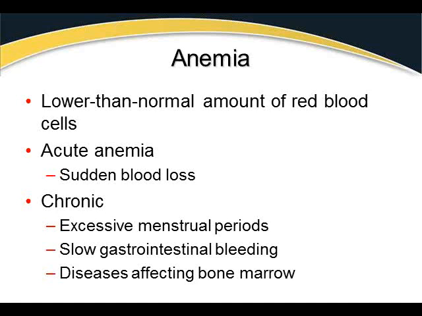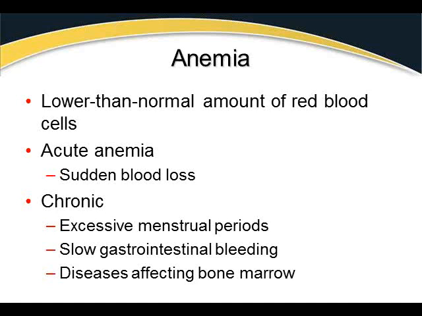So your body would not be able to transport oxygen and other things like it should. Or you can have chronic anemia. Some females, I think it tends to really run more in the very petite, small females, excessive menstrual periods can actually cause them to become slightly anemic over time.